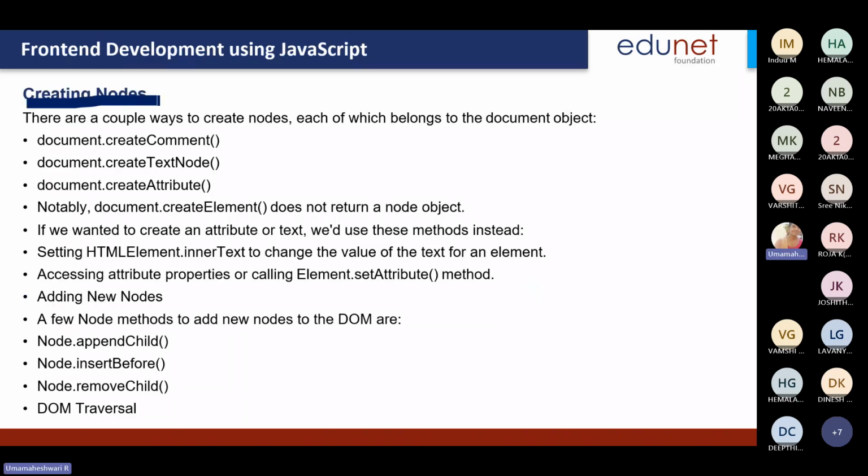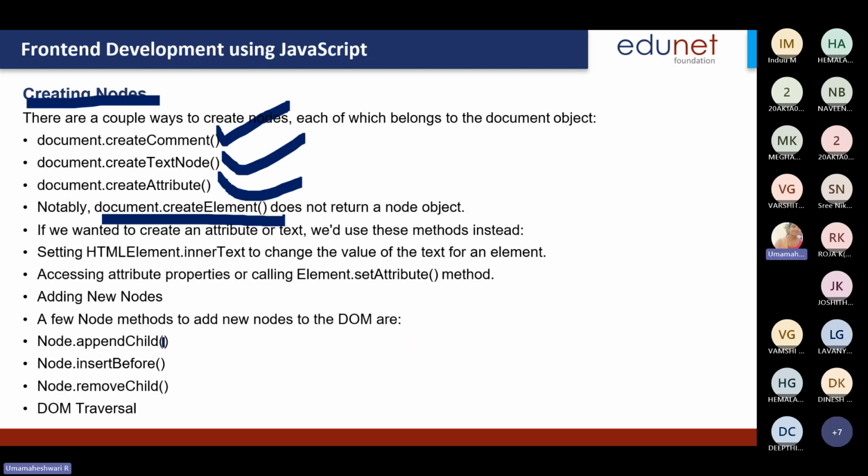Then, if I want to create a node, how can we create a node? Let's say, for example, if I want to create a comment, then I will go with the create comment method. If I want to create a text node, we use the createTextNode method. And to create an attribute, we will go with createAttribute. So document.createElement returns an element node object.